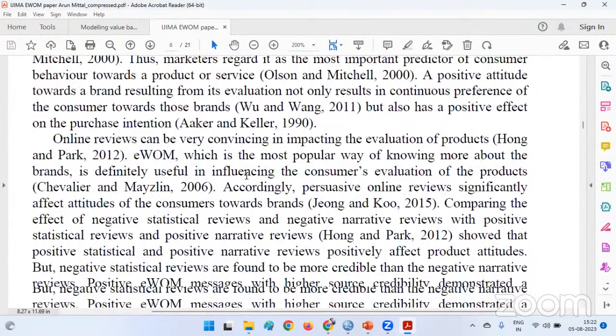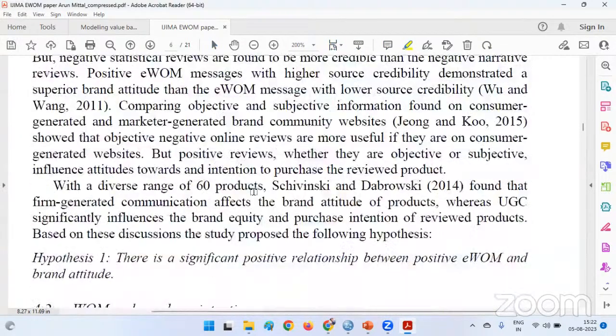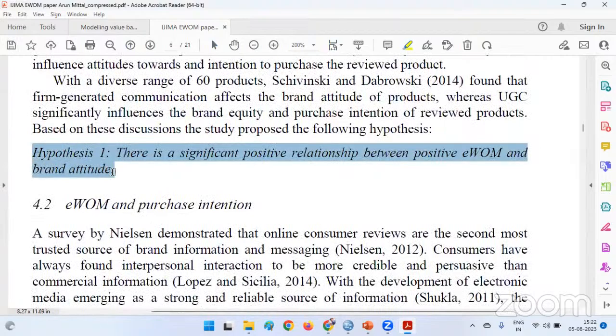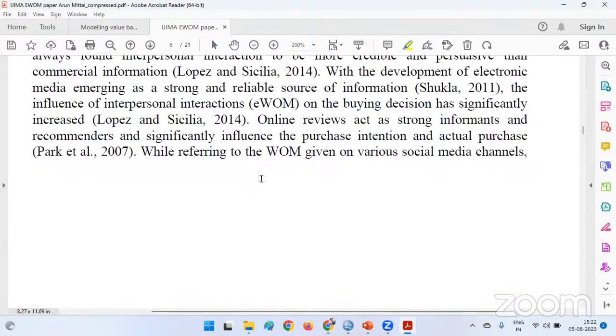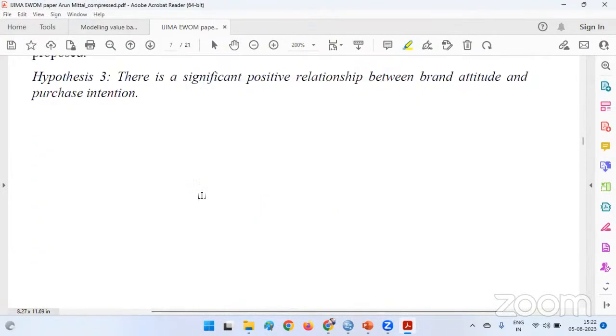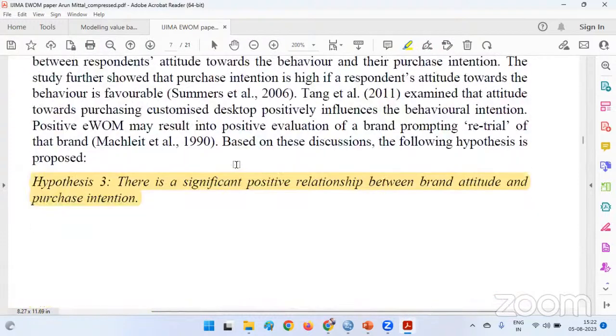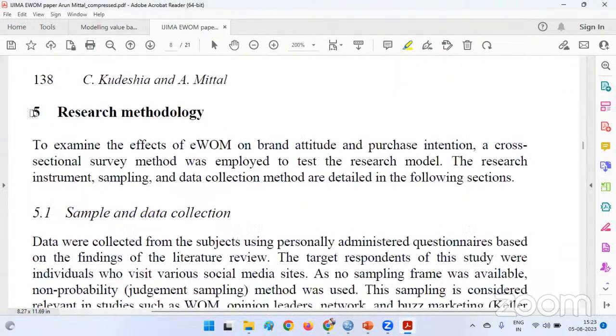EVOM and brand attitude, this is construct-wise and relation-wise, showing the relation of two aspects, and this is the hypothesis that developed. EVOM and purchase intention, there is a relation, so hypothesis 2 is developed. Hypothesis 3 is developed for brand attitude and purchase intention, and then methodology.